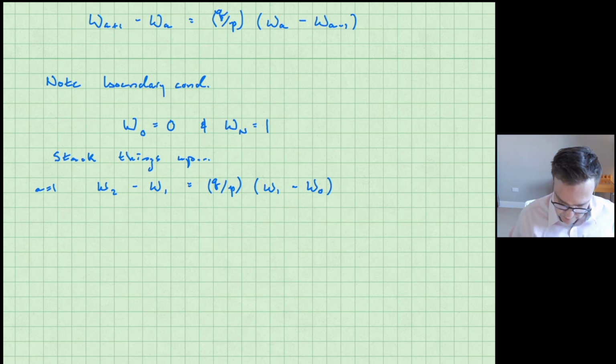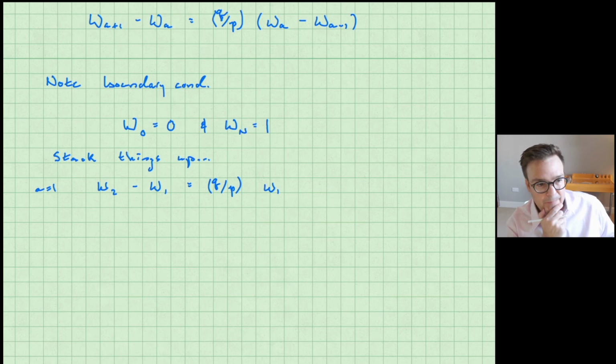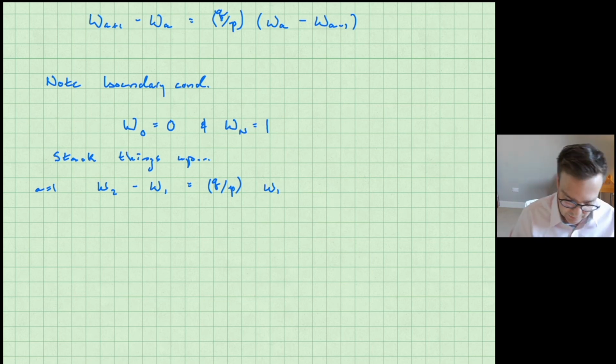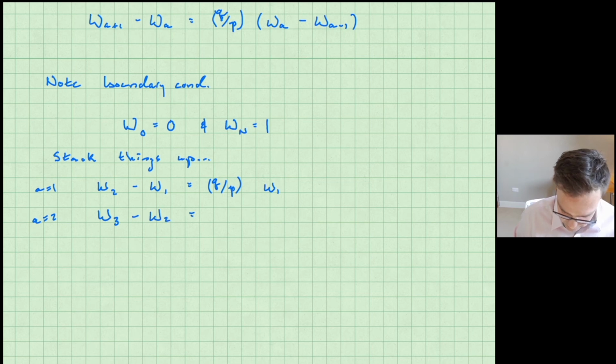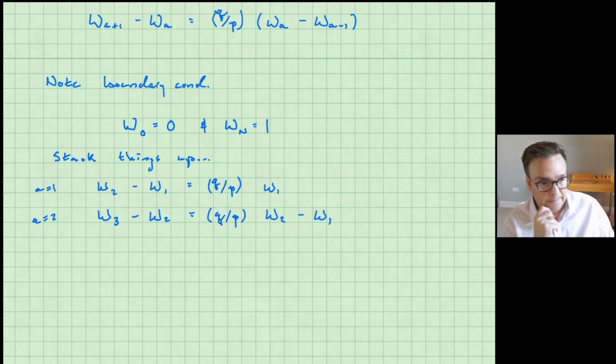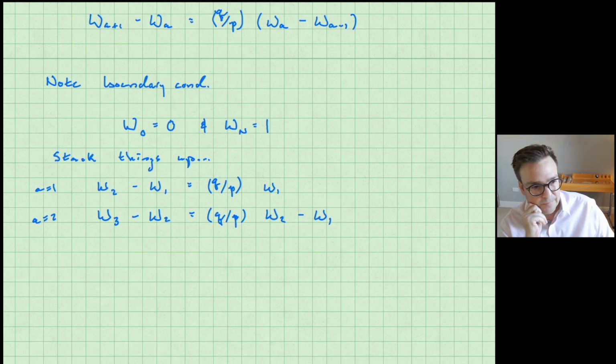So I'm just going to erase this, and this is what we get. Now let's look at the A equals 2 case, and I get W sub 3 minus W sub 2 equals Q over P times W sub 2 minus W sub 1.